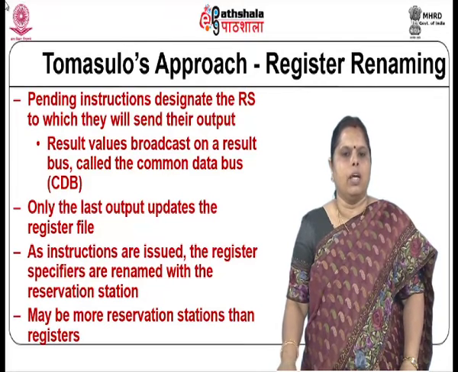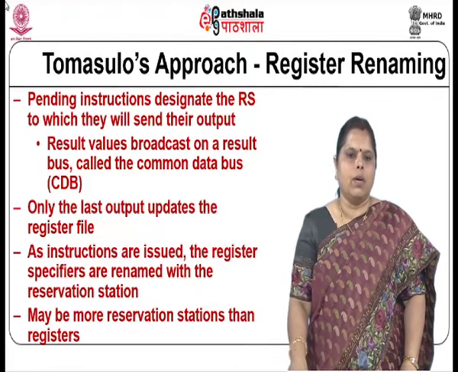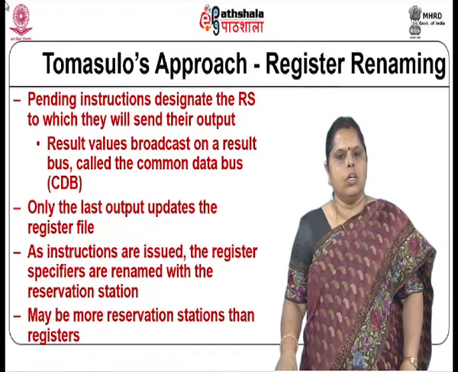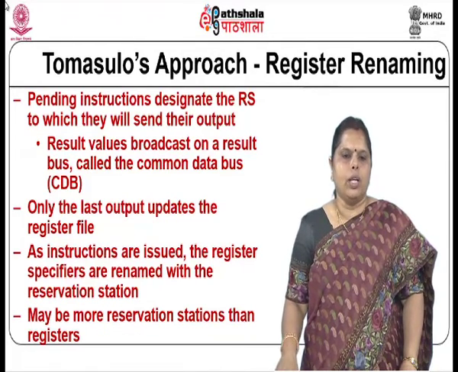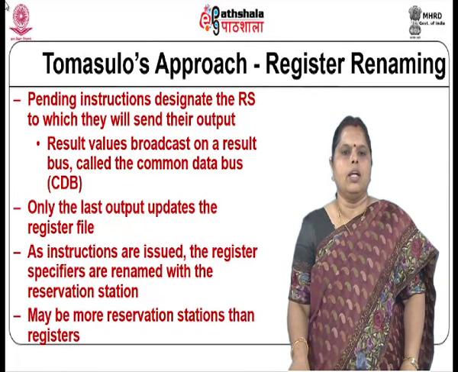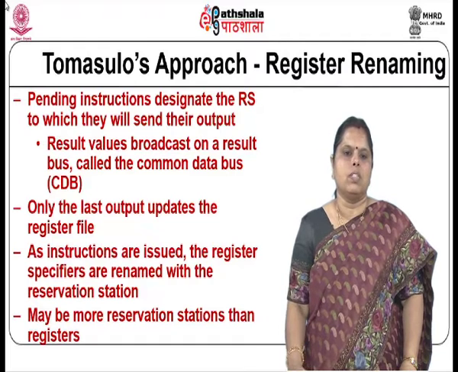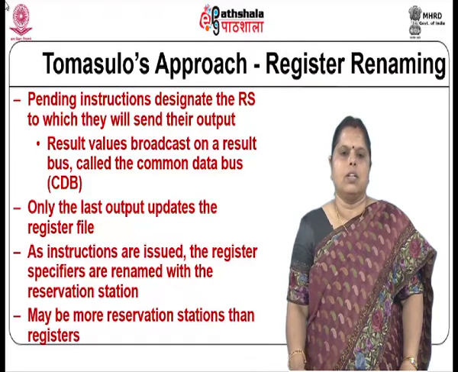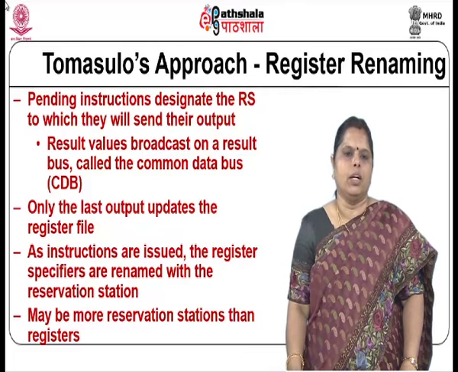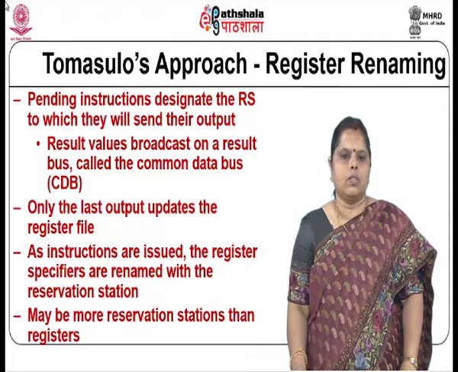For the second one, you just say that the divide instruction, when it finishes, has to produce the result for the add instruction. Once an instruction is issued, you identify an instruction by the reservation station tag that is allocated to it. So, it is a unique identification, you identify an instruction by the tag of the reservation station to which it has been allocated.